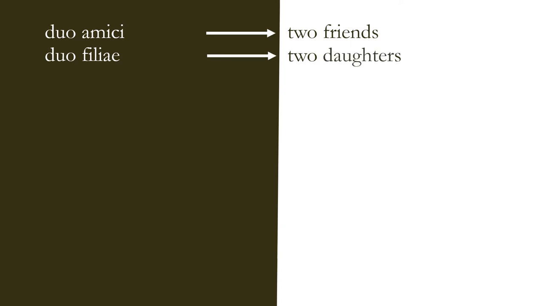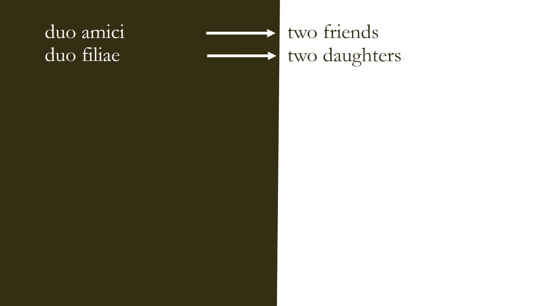So, duo amici is two friends. The number is being used just like an adjective. Duo is only used for masculine and neuter. And amicus, if we know our declensions, amici, it's nominative plural. Duae filiae is two daughters.